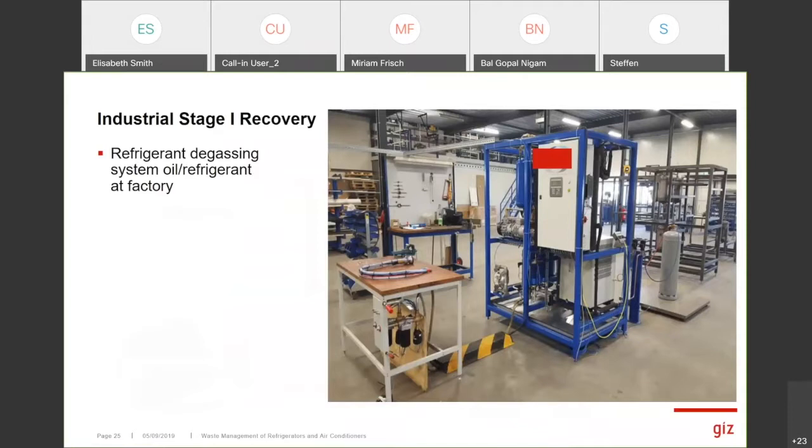And basically this system is a refrigerant degassing system, together with oil and refrigerant at a working station. It is basically also a refrigeration system.